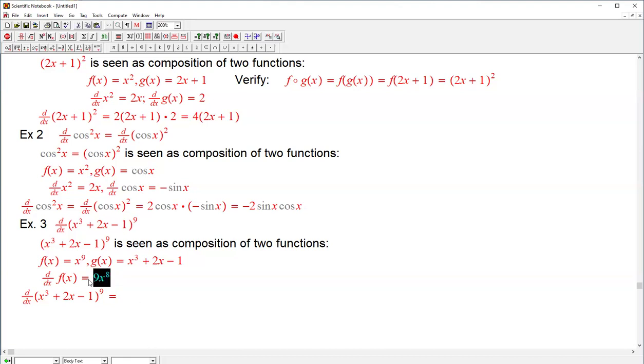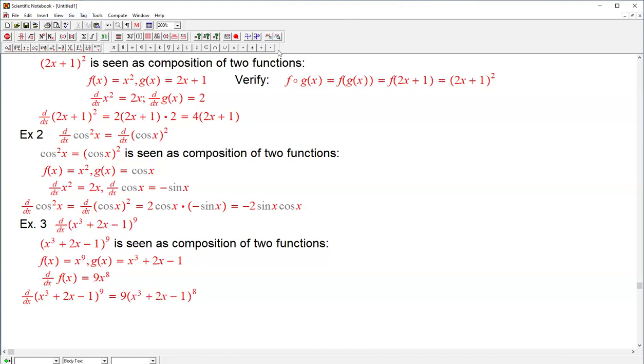So when this is applied to the composition, we get 9 times the parentheses raised to the power of 8. And of course, we know what's inside the parentheses, so we put it right here.